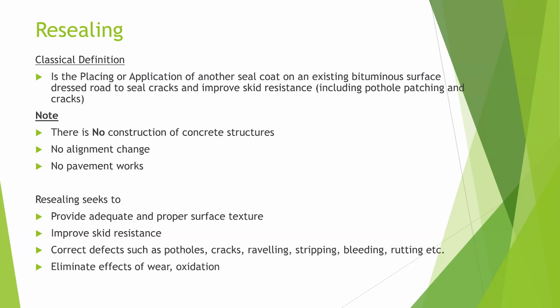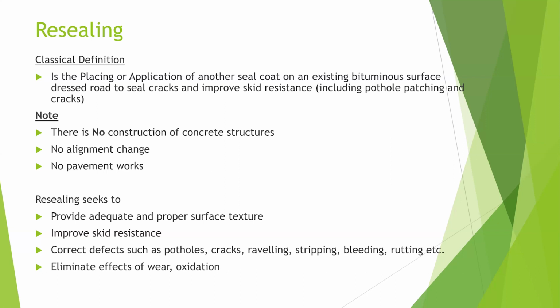By the classical definition, it is placing or applying another seal coat on an existing bituminous surface dressed road to seal cracks and improve skid resistance. Here, you would have to patch the potholes and cracks, and then you apply the seal coat.